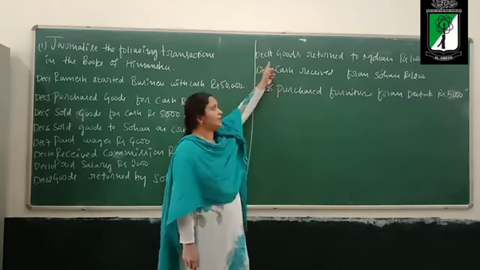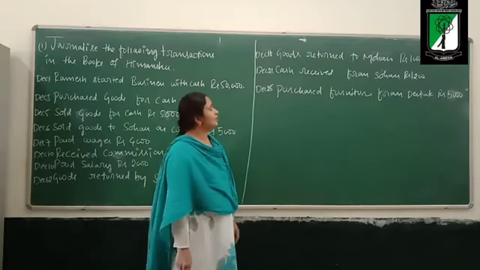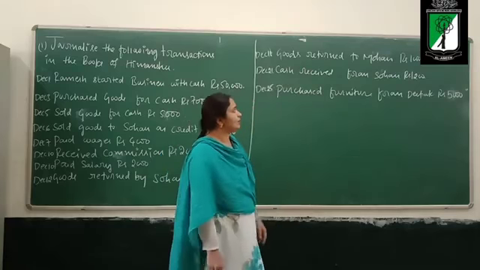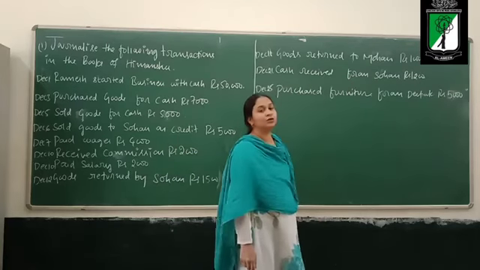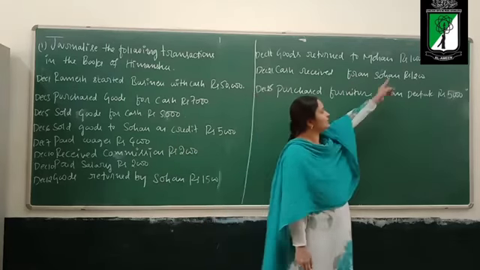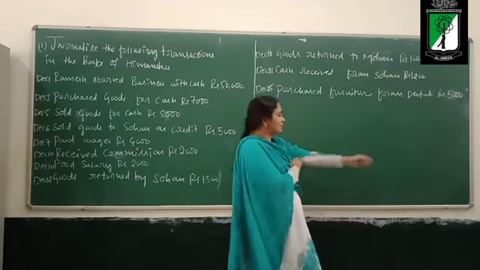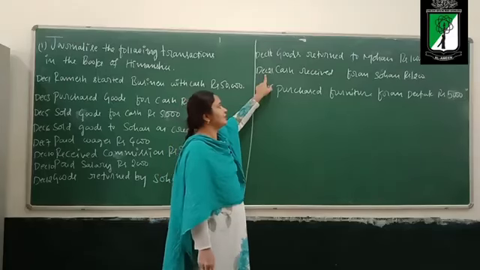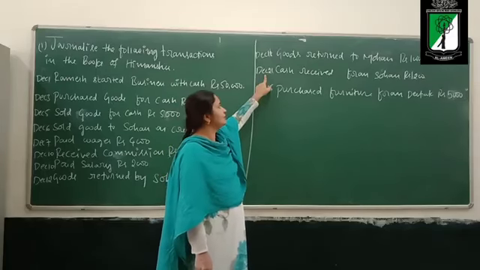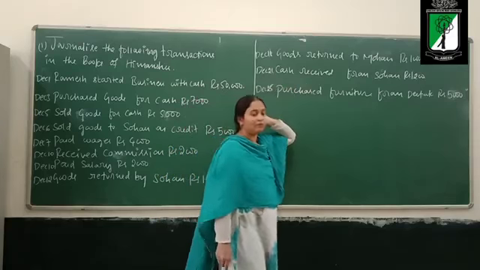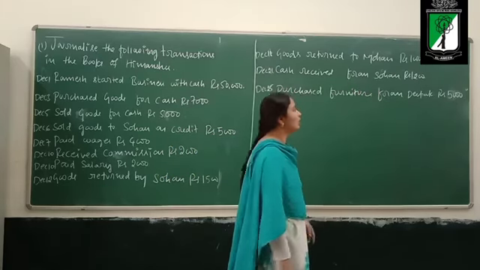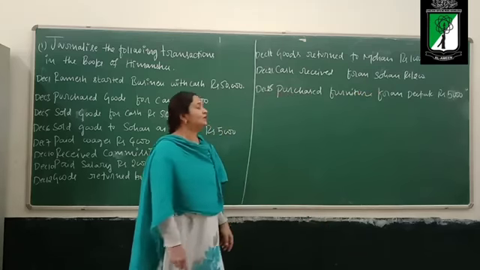Next, December 18, goods returned to Mohan rupees 1,000. Okay, next, December 21st, cash received from Sohan rupees 1,200.